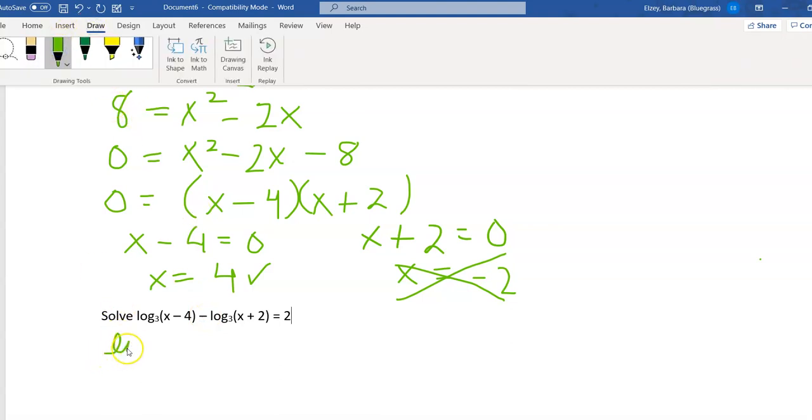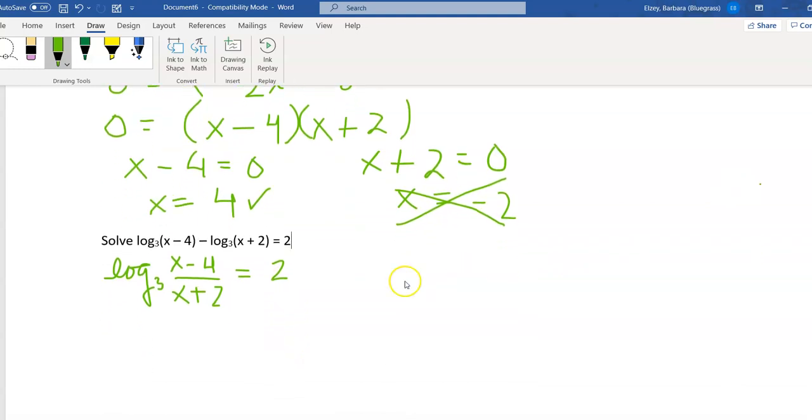So I'm going to rewrite my log. When I change this into a single log, this one is going to be x minus 4 on top, whereas the minus sign is going to put the x plus 2 on the bottom. So remember, subtraction goes back into a single logarithm as division or as a fraction. All right, now let's use our circular rewrite.